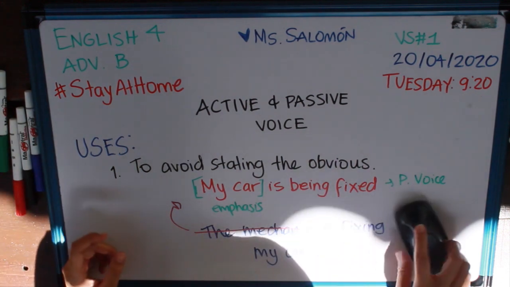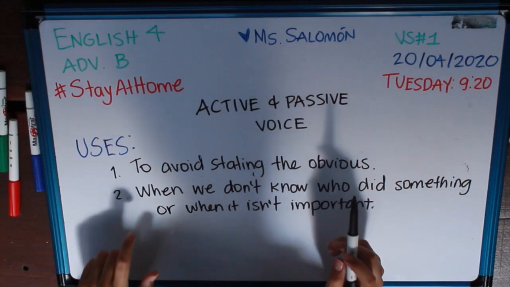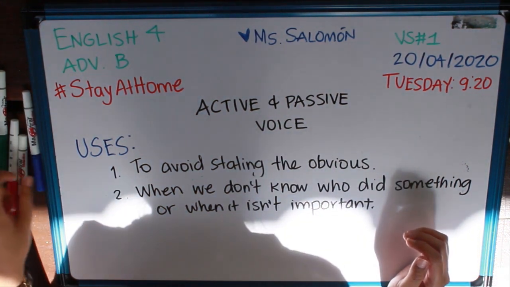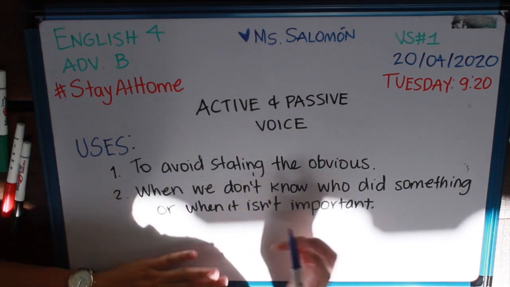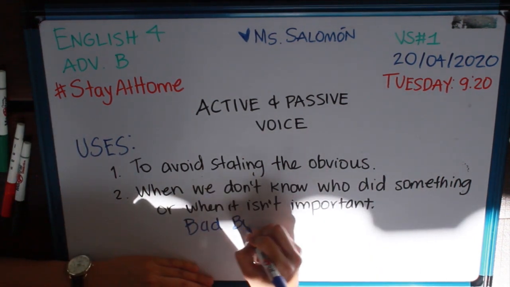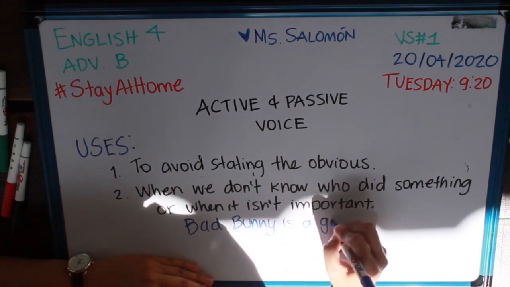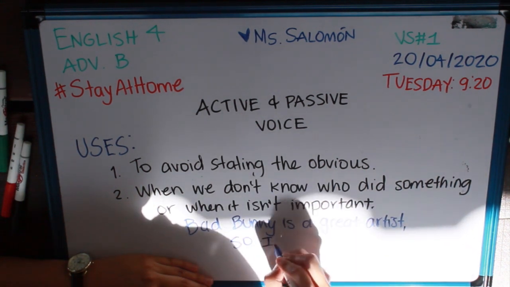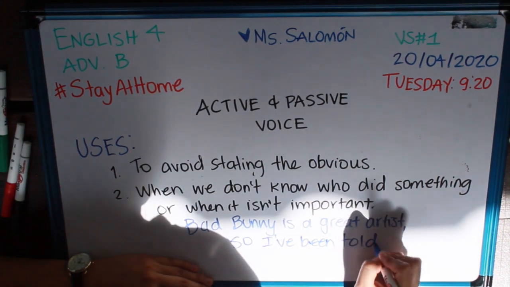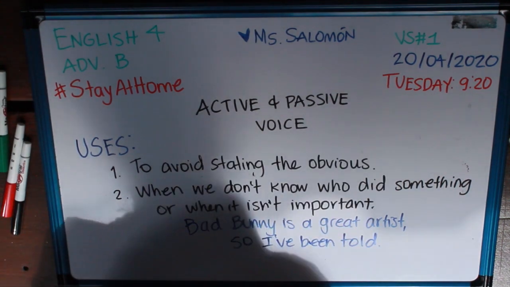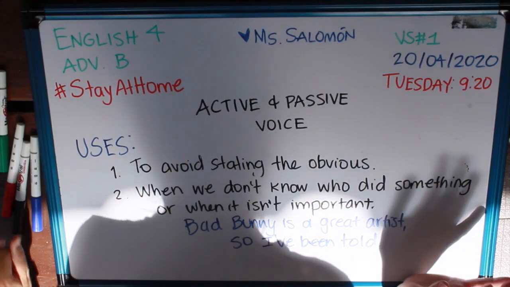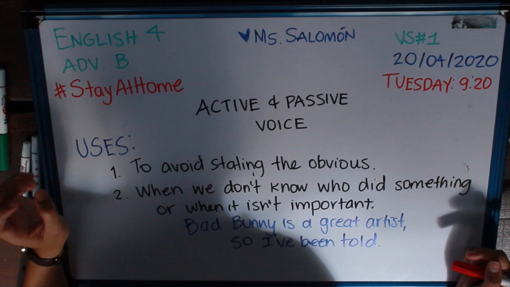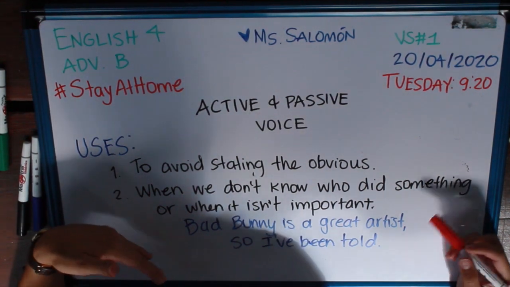The second use is we also use the passive voice when we don't know who did something or when it isn't important. Let's say, for example, this sentence. I'm not saying I believe this is true, I'm just writing the sentence. Again, I'm not saying that this is true, I'm just saying what they told me. So, if I say Bad Bunny is a great artist, so I've been told, this sentence is also using the passive voice.